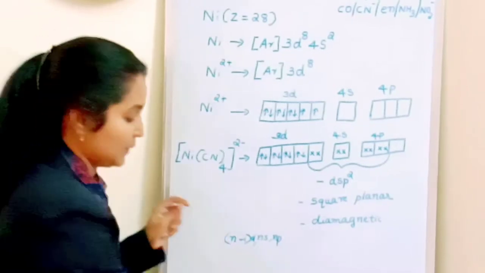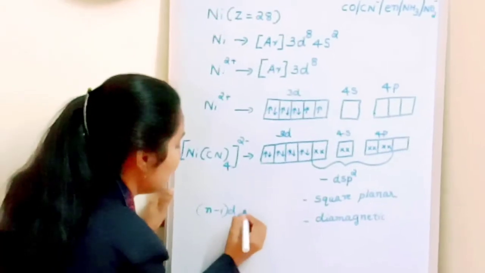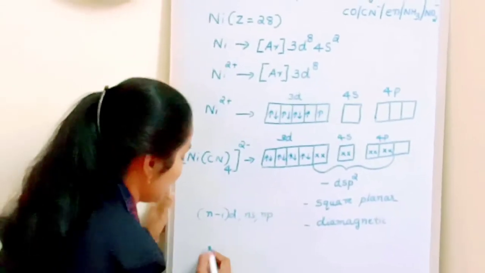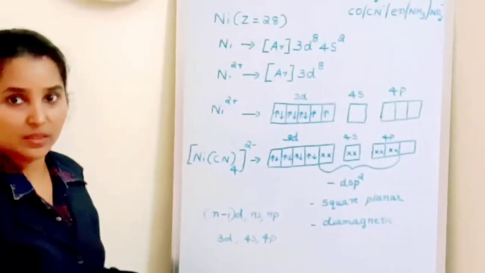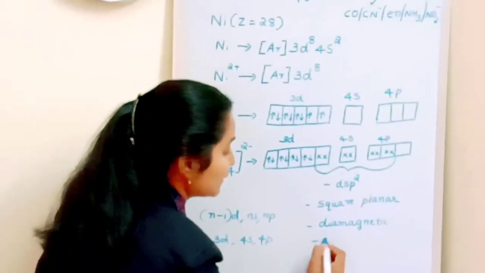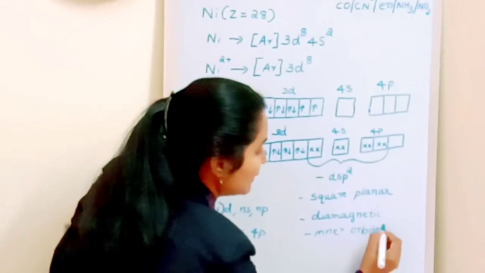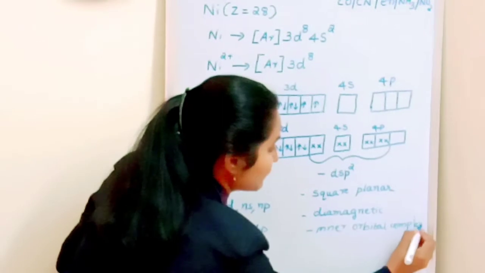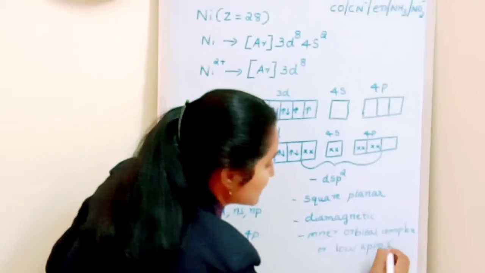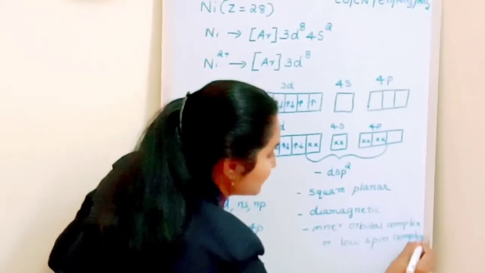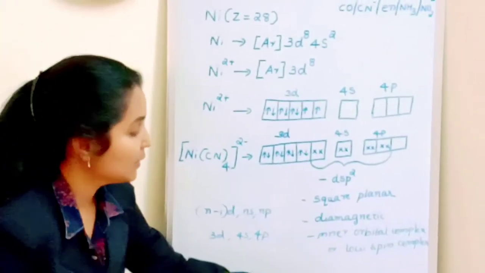So 3d, 4s, 4p are involved in hybridization. So it is an inner orbital complex or low spin complex. If it is 4s, 4p, 4d, it will be an outer orbital complex or high spin complex.